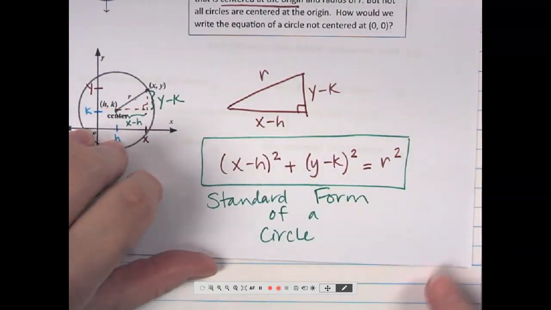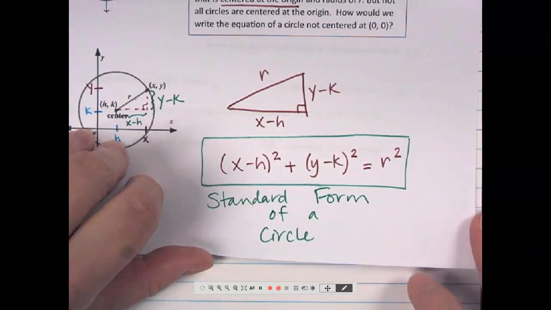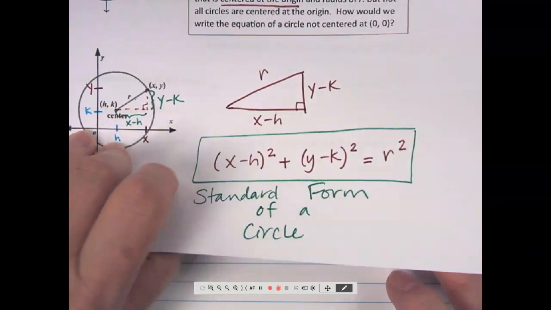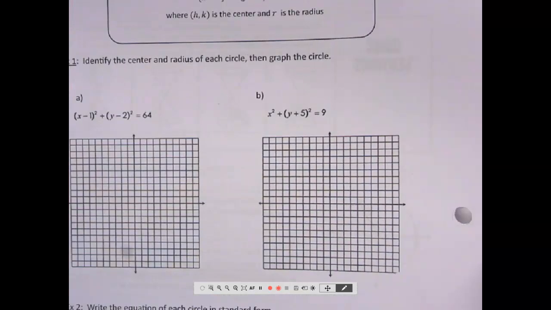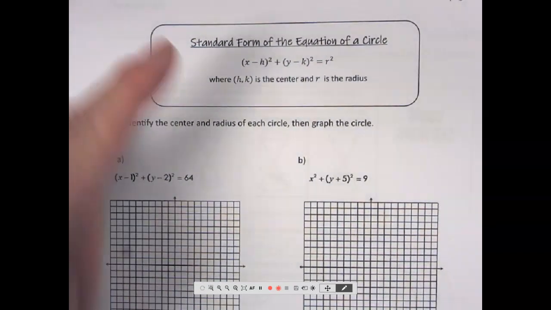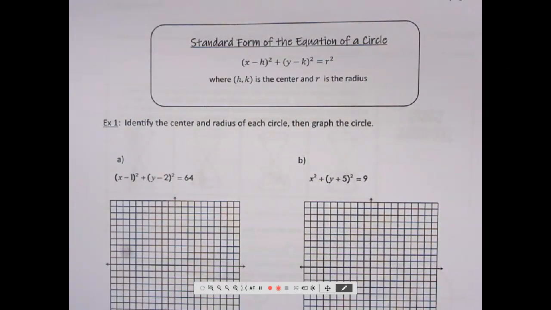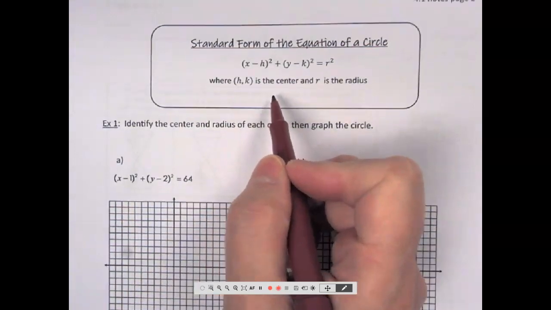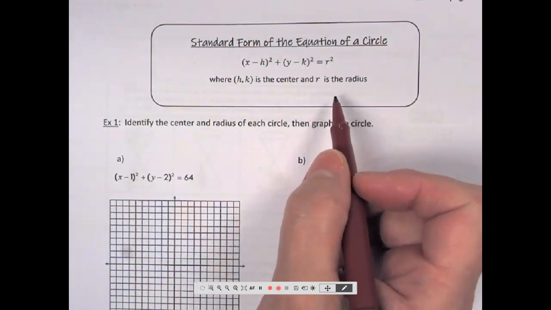Okay, does that ring a bell from geometry? A little bit? Not at all. Teensy bit, maybe. Okay, next page, I've got the equation written out for you here. Standard form of the equation of a circle, exactly what we came up with, where H, K is the center and R is the radius.